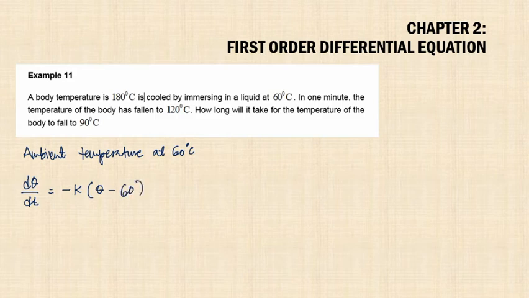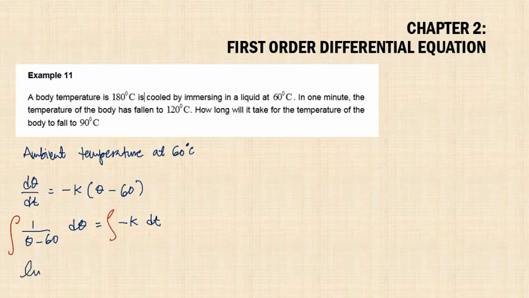Then we bring θ minus 60 to the other side, and we are left with negative k dt, and then we integrate both sides. So we have ln of θ minus 60 equals negative kt plus c.